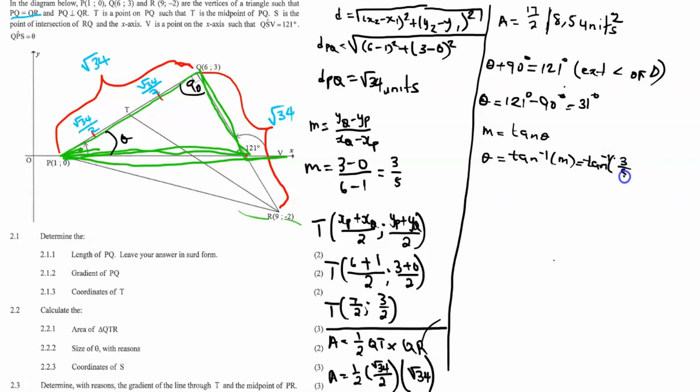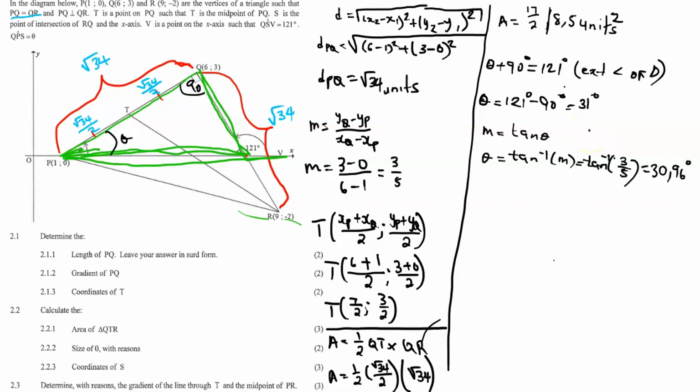So that is 3 over 5. Now when we punch that on our calculator, we are going to get 30.96 degrees. And obviously, as you can see, if you were to round this off to the nearest whole number, it will give you the same value, which is 31.